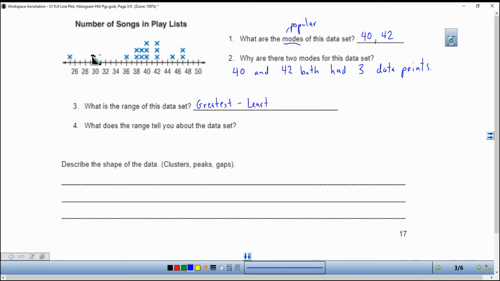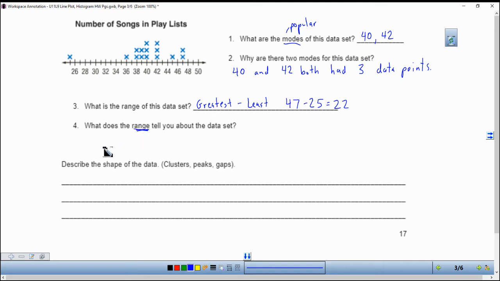Well, what's the greatest value? Greatest would be 47. What's the least? What would be here? So there's 26. This must be 25. So we do the greatest data point, 47, minus the least, which is 25. 47 minus 25 is 22. What does the range tell you about the data set?